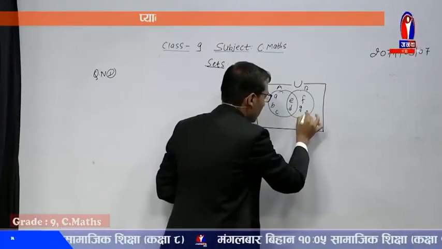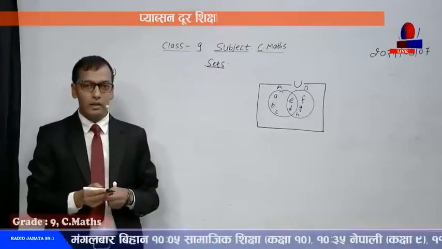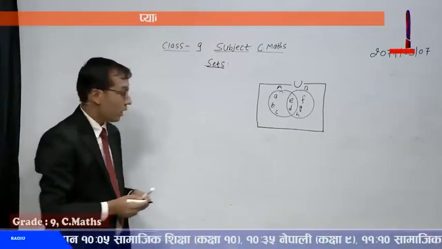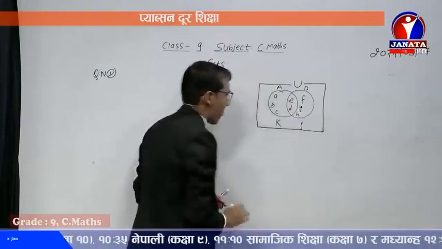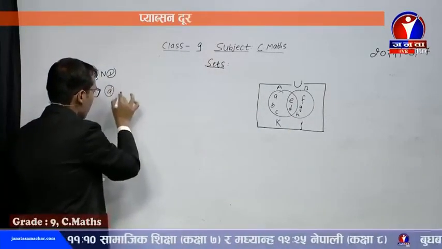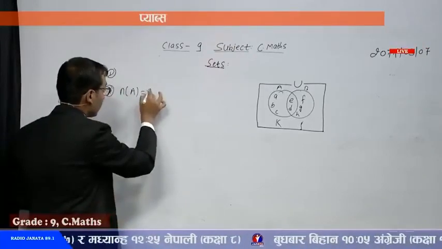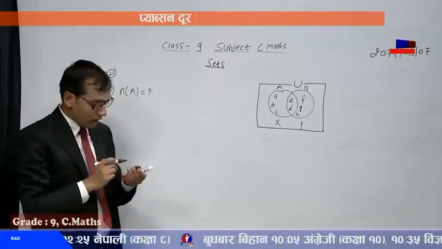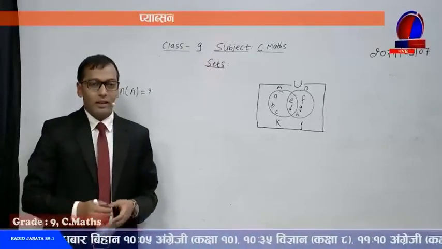F, G and H. What are the elements in the complement part? These elements are K and J. So we have the first question: what is N of A? Means what is the cardinal number of set A?